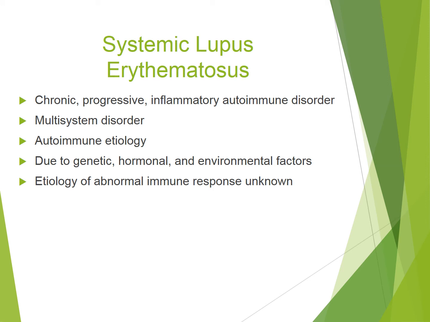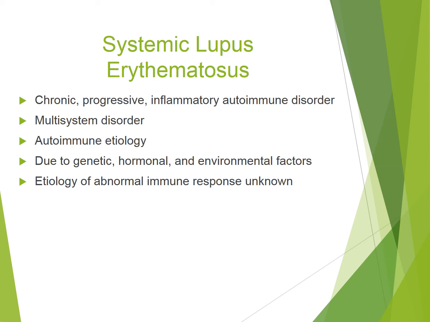If somebody in the family has it, okay? And in your book, I apologize, I have the new edition, but on page 539, it also shows that it's a multi-system disorder, just like rheumatoid arthritis. So think about it. If rheumatoid can affect all the body systems and so can lupus, it's hard to diagnose, right?